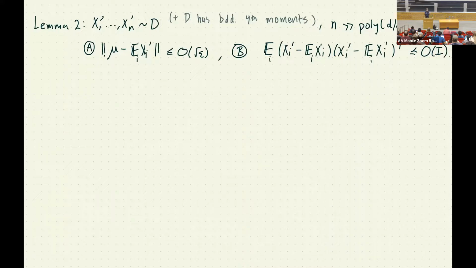This just says that the mean and covariance concentrate when I draw samples from a nice enough distribution. It's not too surprising. I'm not going to prove it here. You can do it as an exercise. But if I put these lemmas together, I claim this gives us an inefficient algorithm for finding the mean of a distribution from epsilon corrupted samples.